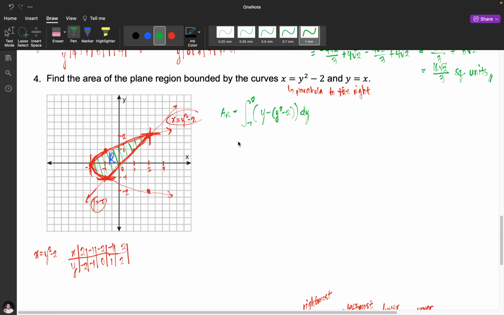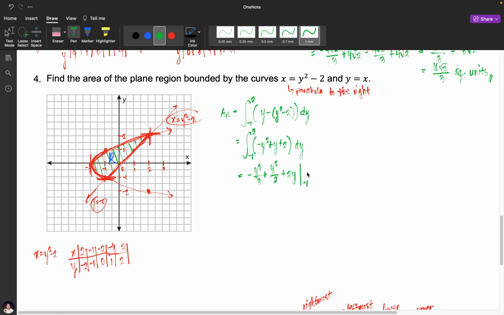Okay? So let's simplify this. This is just negative y squared plus y minus 2 dy. Oh, this is plus 2 pala kasi negative of negative 2. Integrated or evaluated from negative 1 to 2. So from that, we evaluate the integral. So that is negative y cubed over 3 plus y squared over 2 plus 2y.